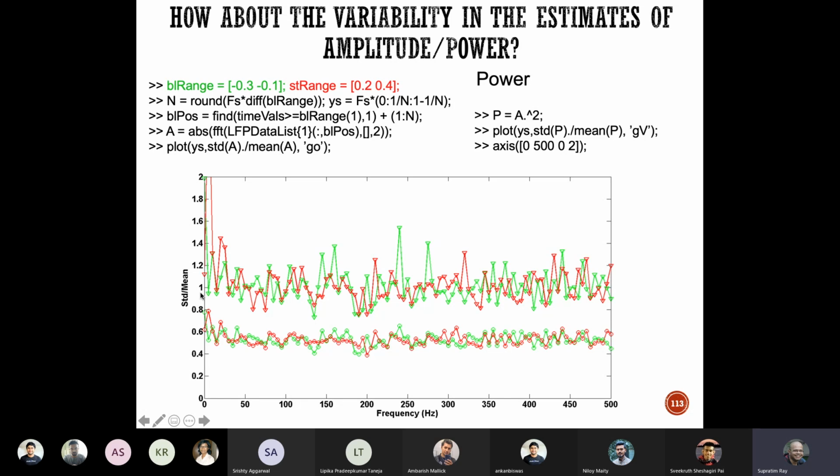When standard deviation divided by mean is close to 1, that means that the estimate of power is very variable. And this variability has no biological origin. It's the variability in the estimator itself.